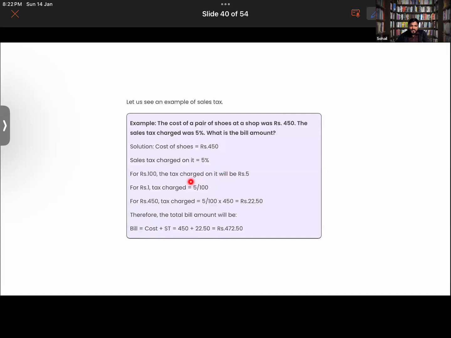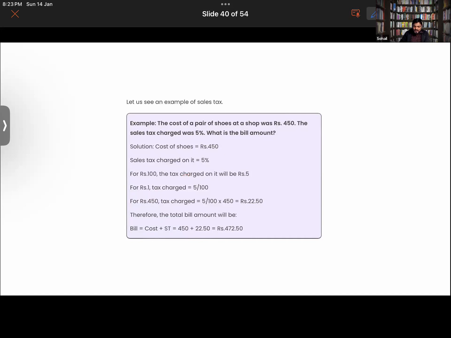So for example, if it were 100 rupees, the tax charge on it will be rupees 5, right? What if there is only just 1 rupee? If a pair of shoes, for example, just costs rupees 1, how much tax will we charge on it? It will be 5 over 100. By the unitary method, we can understand that, no? Yes. Ahmed and Arhan, you guys getting this or not?